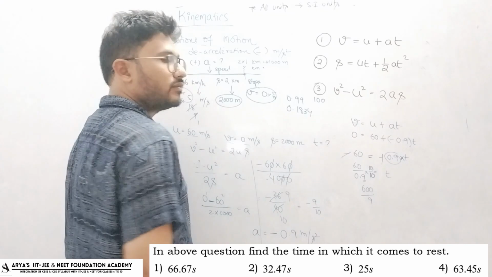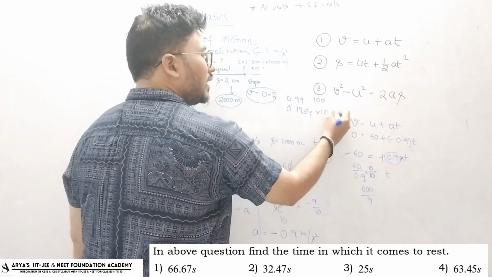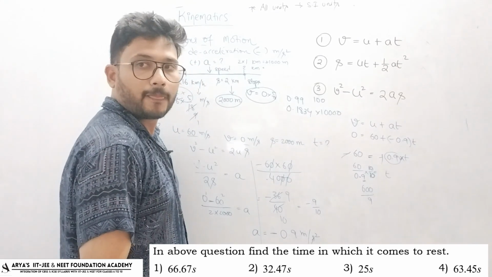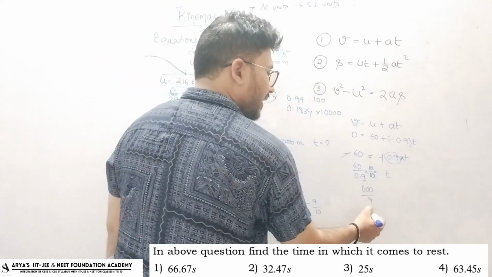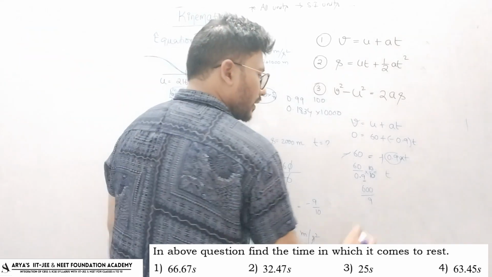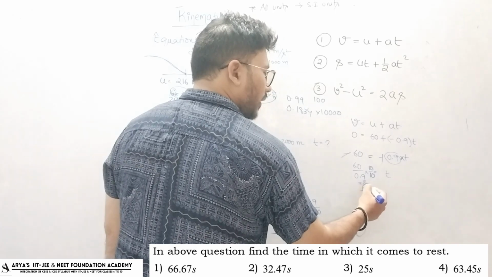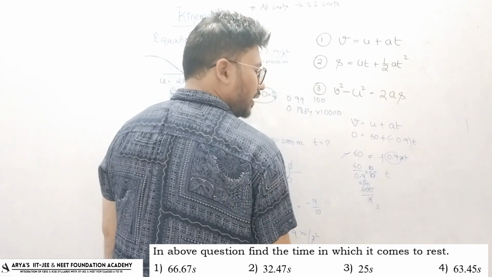Now 600 by 9. How to make it 600 by 9? 3 3s, 3 200s, isn't it?